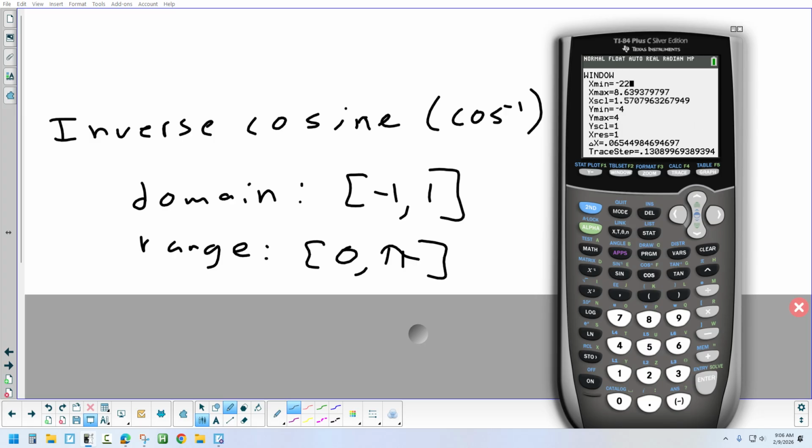If we do -2 to 2, that'll give us a little bit extra. And then on the range, let's go -1 to 4. This will just guarantee you're seeing more than you need to on every side, so you'll know it doesn't go off the screen. And that is your inverse cosine.